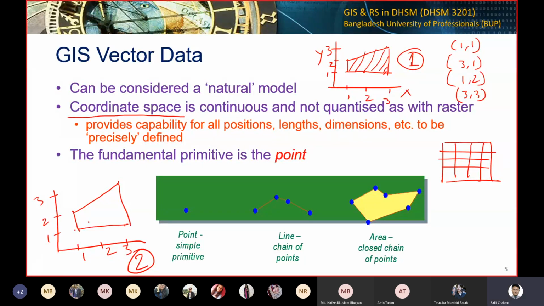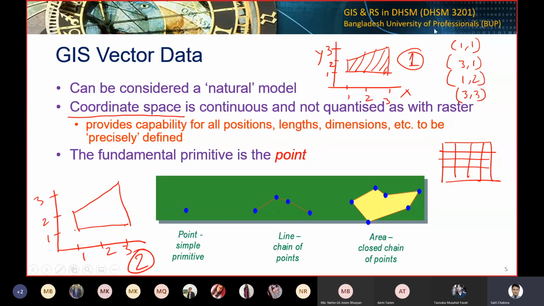Now, using coordinate system number 2, you have drawn the same region. I mean, you opened your QGIS or ArcGIS, and you defined that your coordinate system is coordinate system 2, not 1, by accident or intentionally or unintentionally.